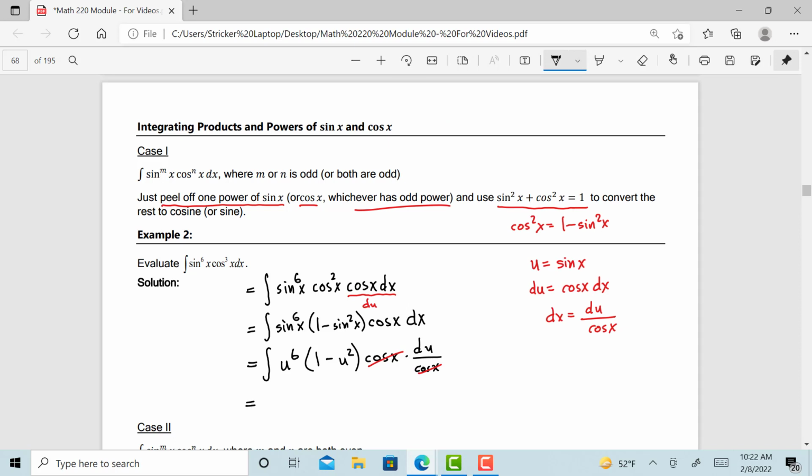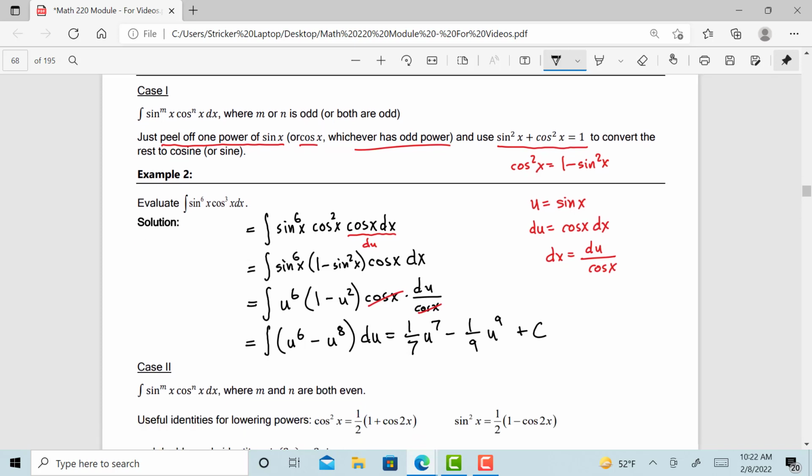And we can go ahead and distribute in the u to the 6th power. So this becomes the integral of u to the 6th minus u to the 8th du. And we take the antiderivative and we get 1/7 u to the 7th minus 1/9 u to the 9th plus c.